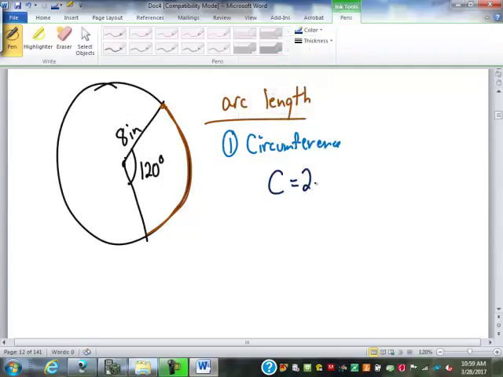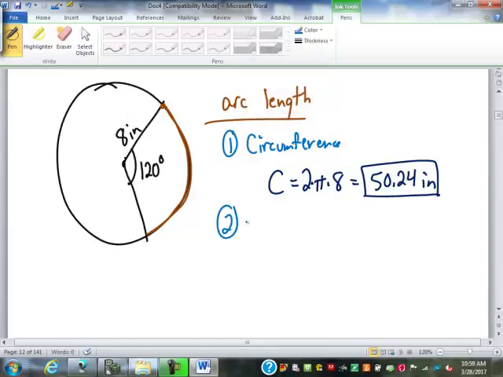So C is equal to 2 times pi times 8, which is 16 times pi, otherwise known as 50.24 inches. Step 2 is to apply the angle fraction.